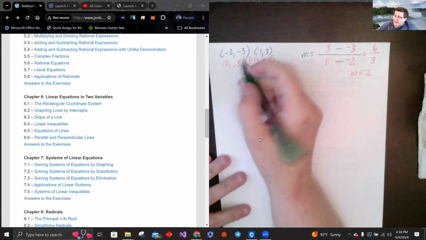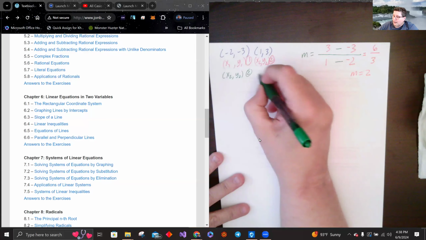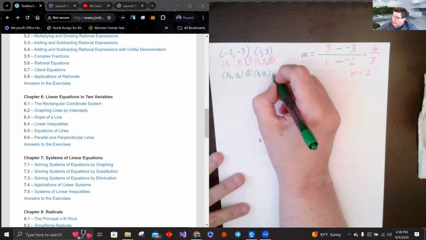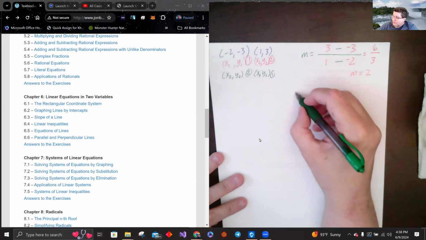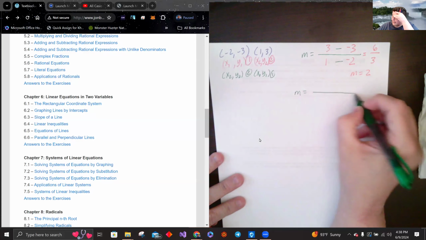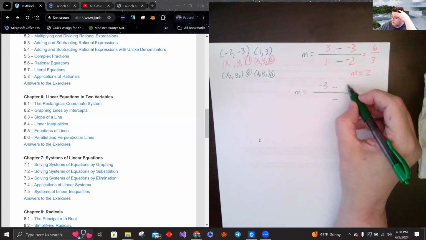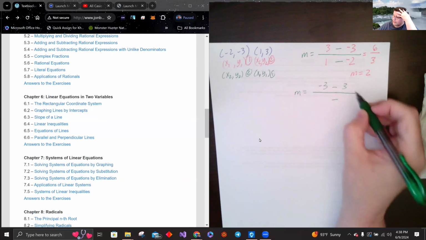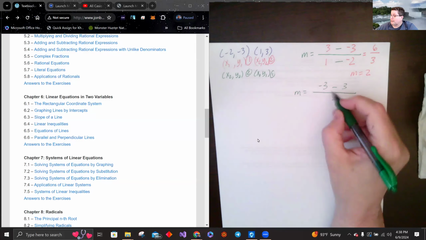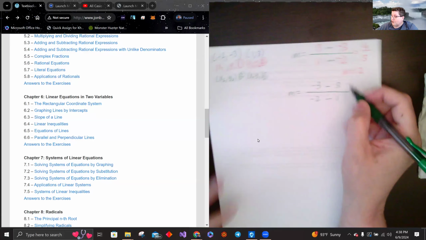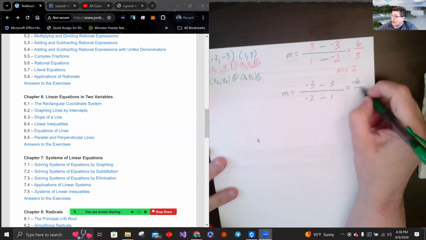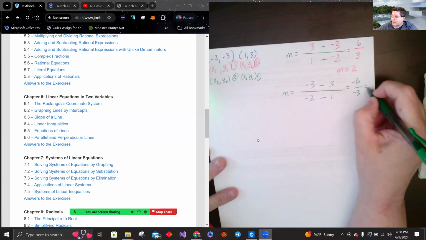If I switch the order and I call this x2, y2, and I call this x1, y1, the order on the equation changes where they go. Y2 is -3. This is y1, which is +3. X2 is -2 and x1 is 1. This is -6 over -3. We still get m equals 2 either way.